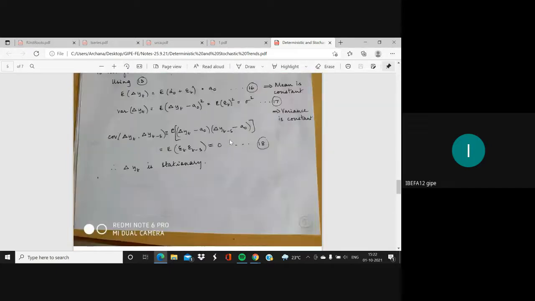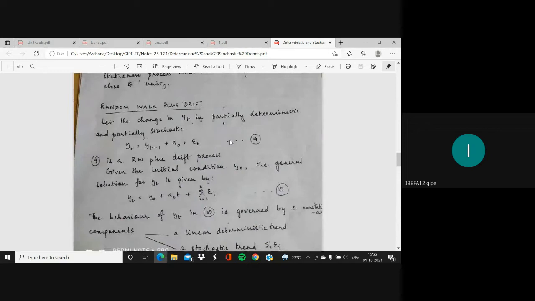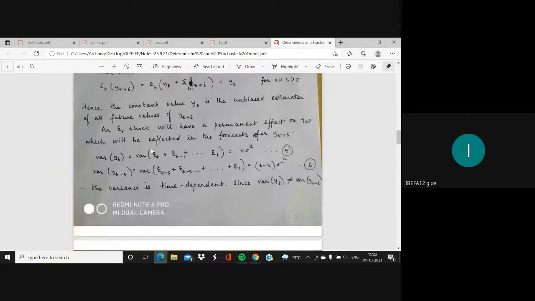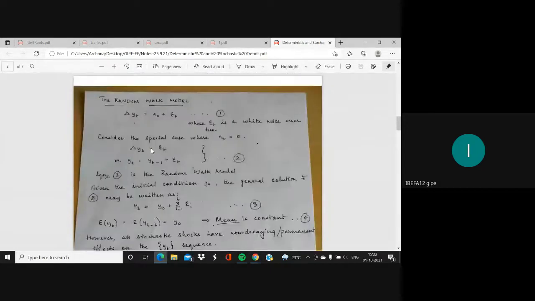Now in the random walk model, there was one unit root. If you look at this, here in the random walk plus drift model, the coefficient of yt minus 1, a1, is equal to 1. So here you have one unit root. Similarly, in the simple random walk model, again the coefficient of yt minus 1, a1, is equal to 1.